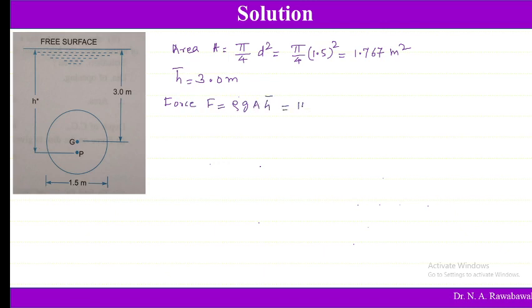Rho value is 1000 because the term water is used, into g is 9.81 meters per second square, into area 1.767, which we just calculated, and H bar is 3 meters.